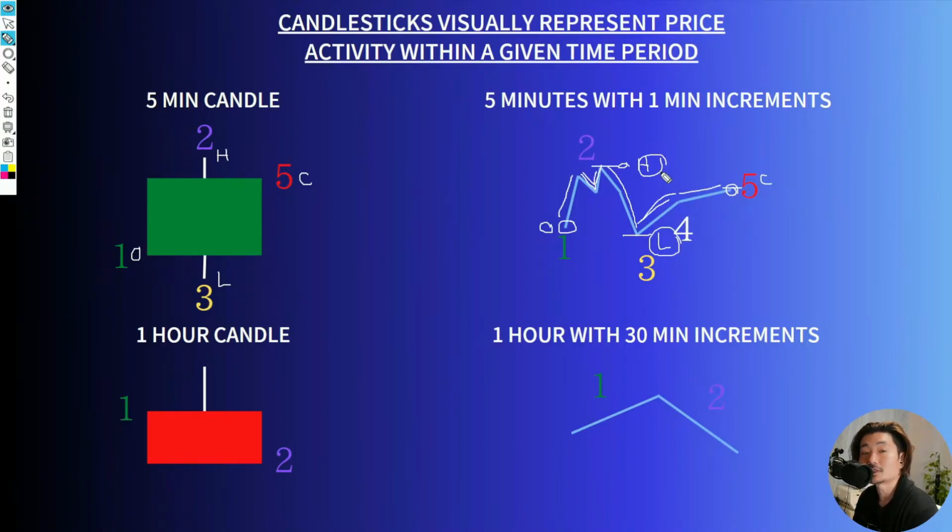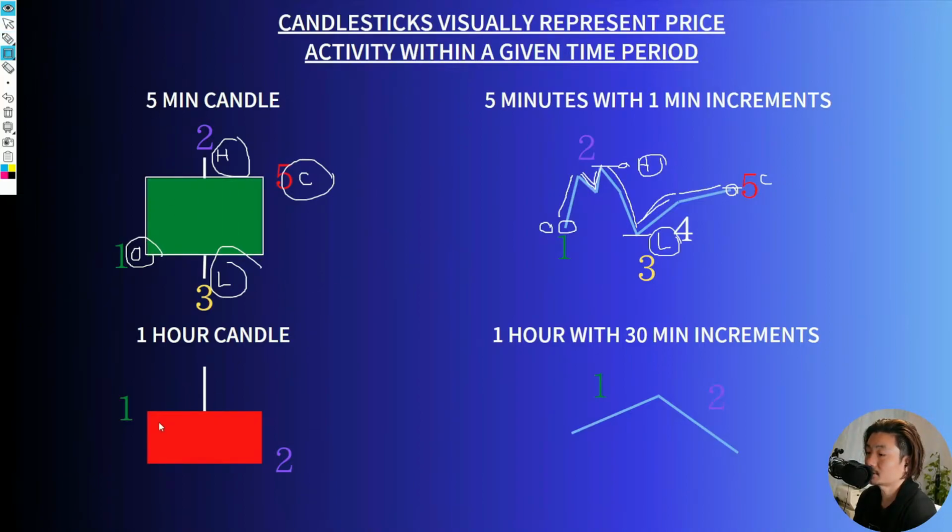Just remember that the basic information that a candlestick can tell us is simply the open, the close, the high, and the low. And moreover, as an added benefit, a candlestick's color can tell us if price closed above its open, or if price closed below its open.